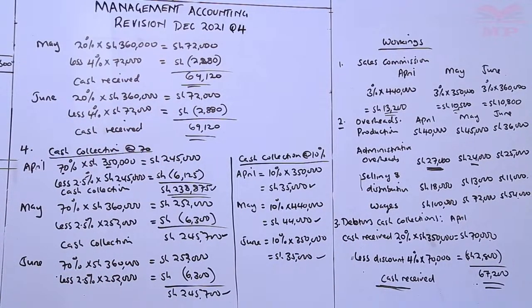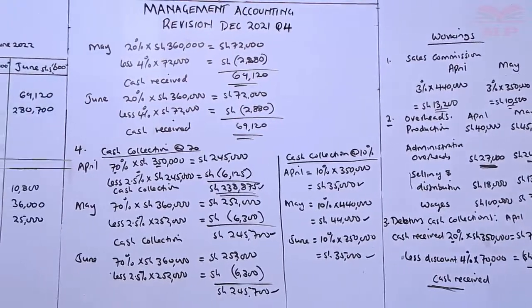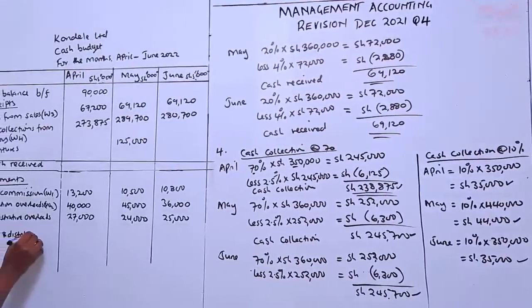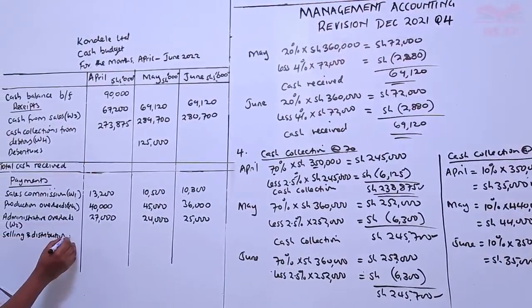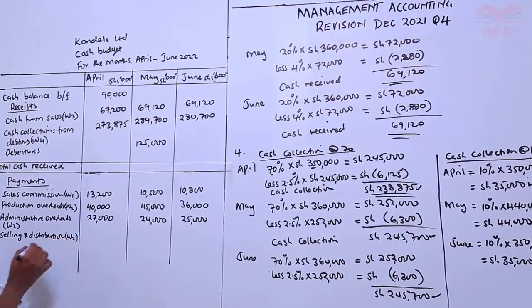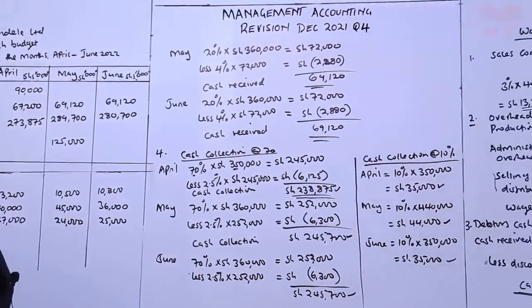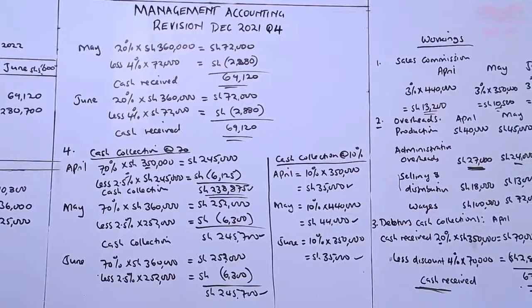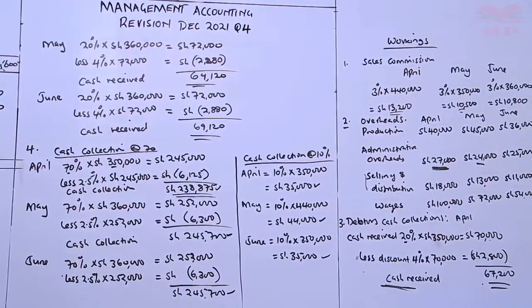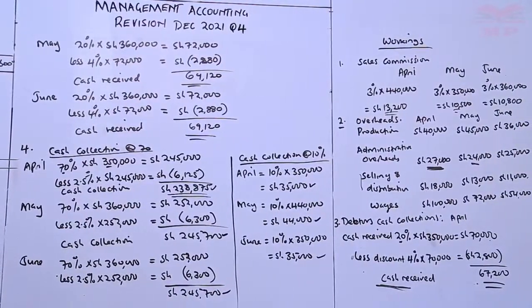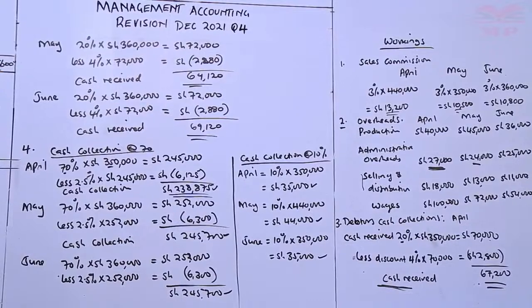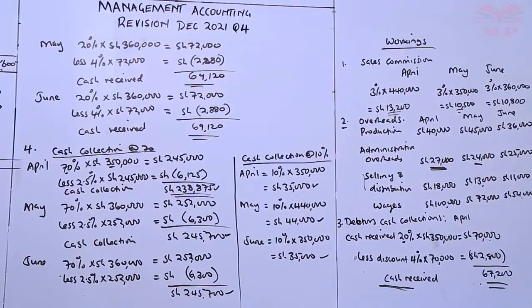Selling and distribution. Still working number 2. For the month of April, we have 18,000. May, we have 13,000.